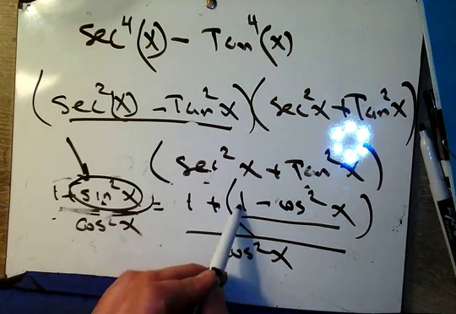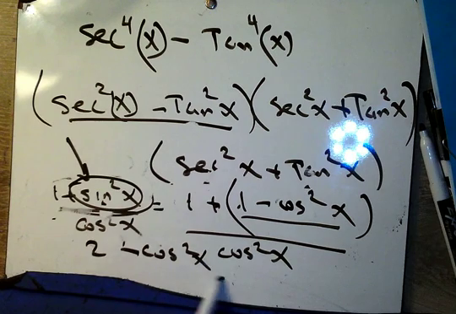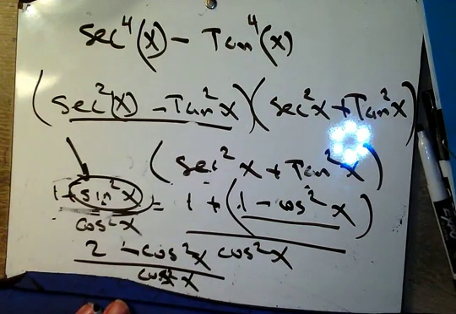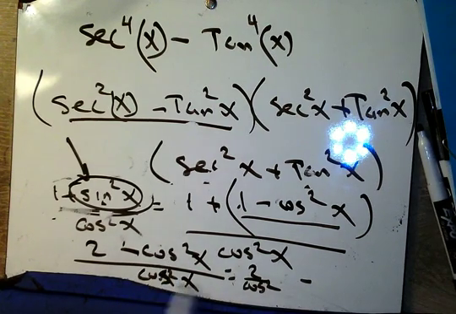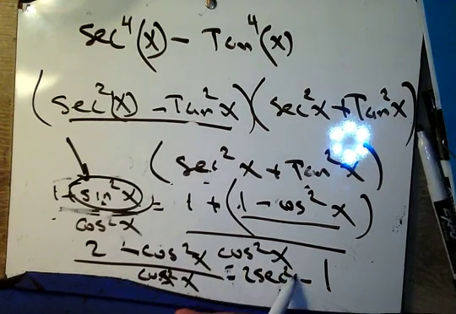So we've got 1 plus 1, that's 2 minus cosine squared over cosine squared. No, you can't cancel those out because this doesn't have any. I guess you could write 2 over cosine squared minus cosine squared divided by cosine squared is 1. And 2 over cosine squared, hey, isn't that 2 secant squared? Yeah, and we saw this answer 5 minutes ago.